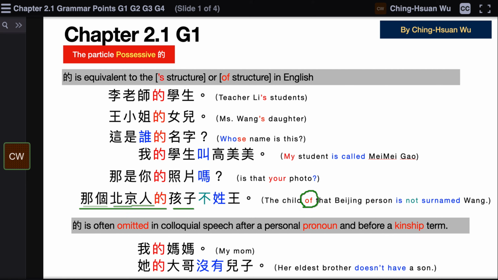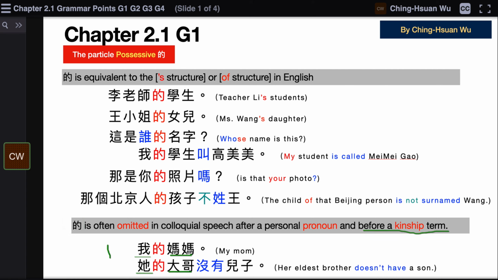But literally that means that Beijing person's child is not surnamed Wang. 那个北京人的孩子不姓王. 的 is often omitted in colloquial speech after a personal pronoun, for example, 我 or 他, and before a kinship term, for example, 妈妈 or 大哥.